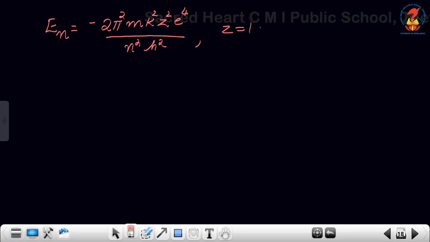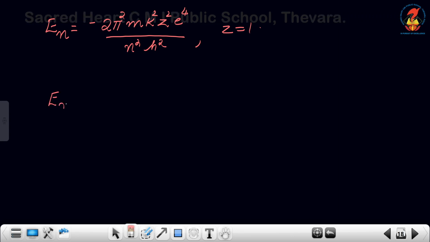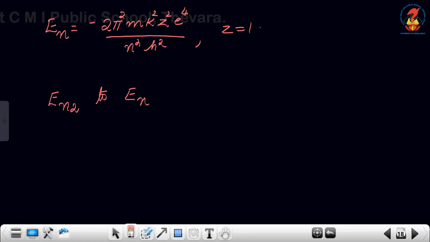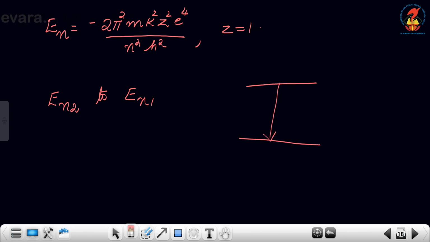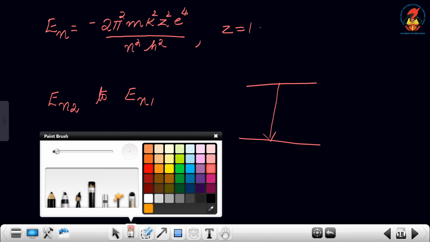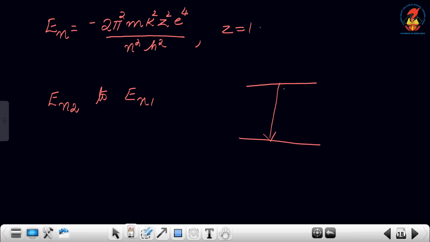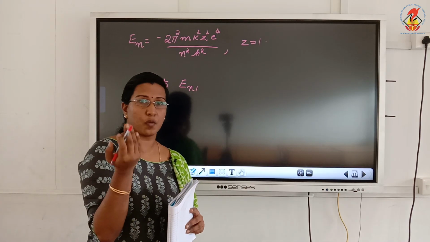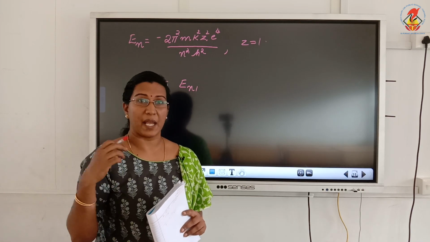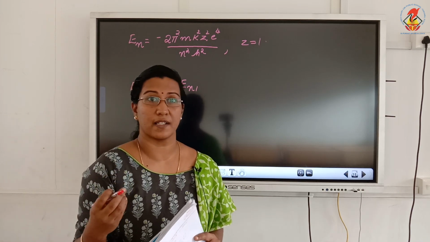Imagine an electron making a transition from a higher level En2 to the lower level En1. According to Bohr's frequency condition, an electron can jump from a higher level to a lower level or vice versa by emitting or absorbing a photon having a frequency nu.